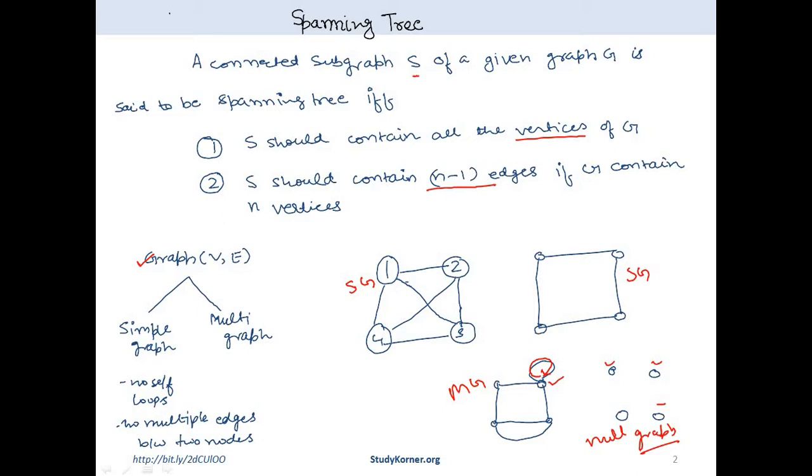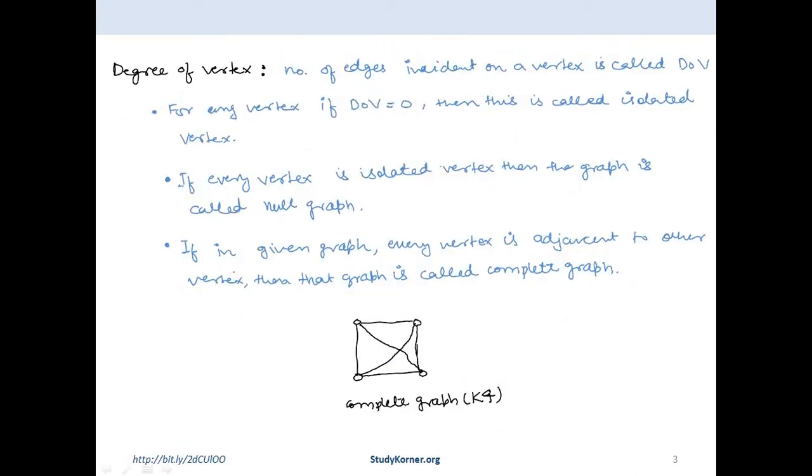Okay, now there are a few more points regarding this spanning tree. The degree of a vertex is defined as the number of edges that are incident on that vertex. For any vertex, if the degree of the vertex is 0, then the vertex is called an isolated vertex.